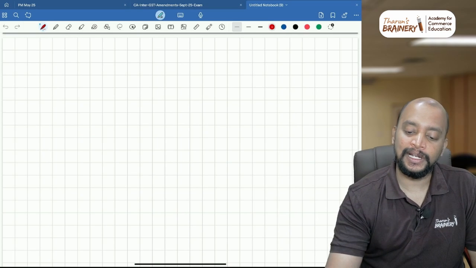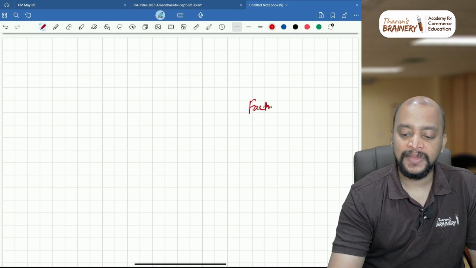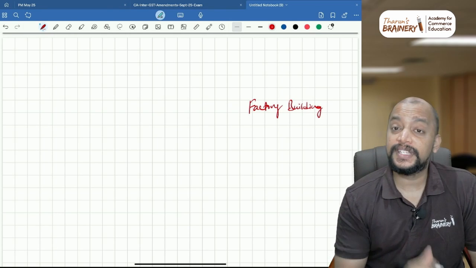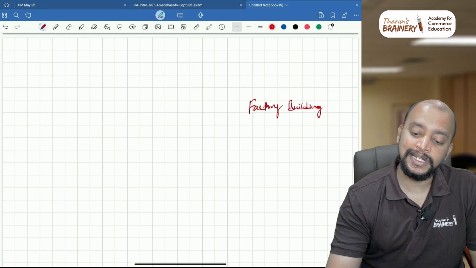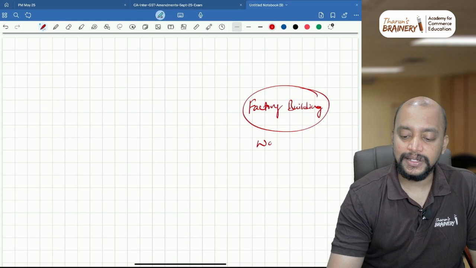Say for example, there is one person who is having a factory building, and they wanted to take the insurance. And what is the value for which they need to take the insurance? Say this particular factory building is worth 400 crores, okay.